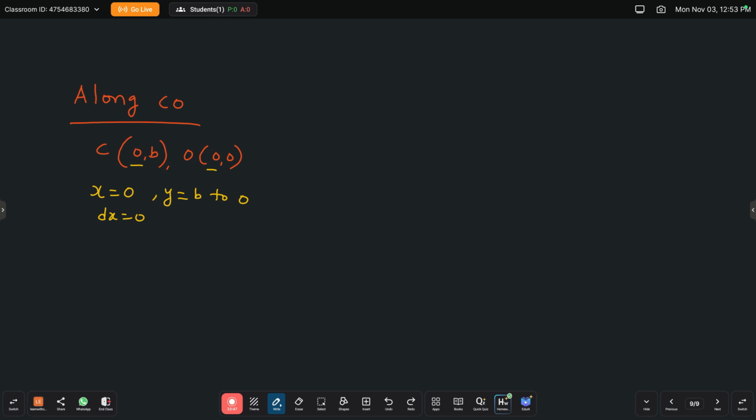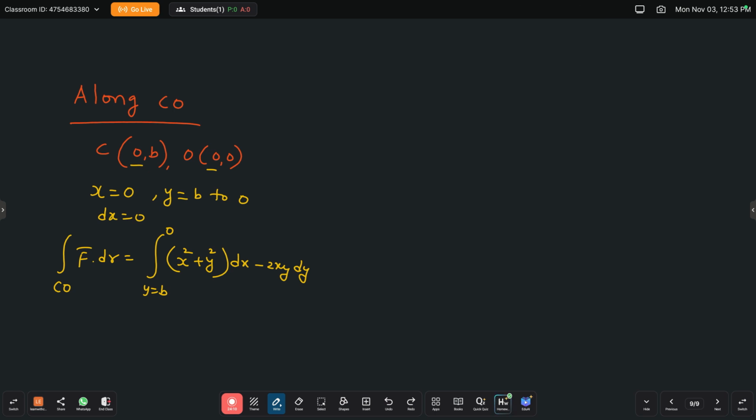Now replace these values in the line integral. y is varying from b to 0, and we already have f dot dr, that is, x square plus y square with respect to dx, minus 2xy dy.